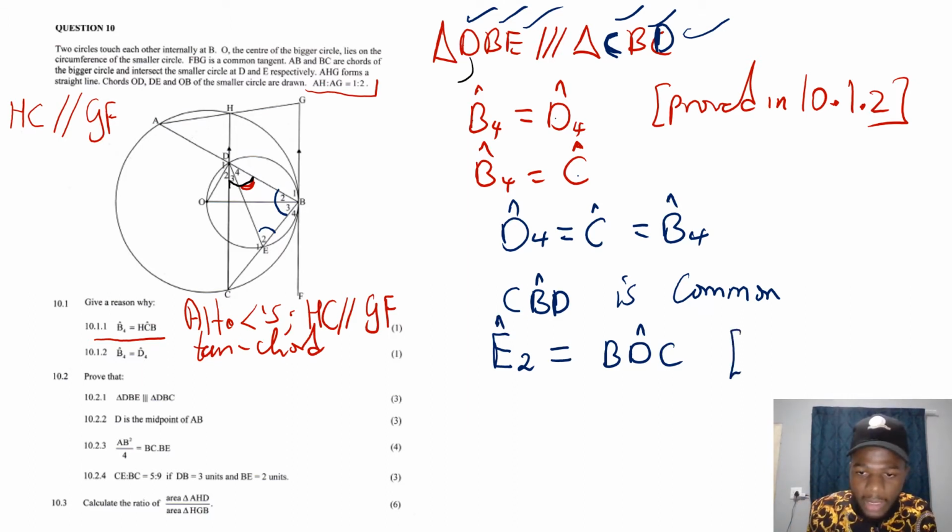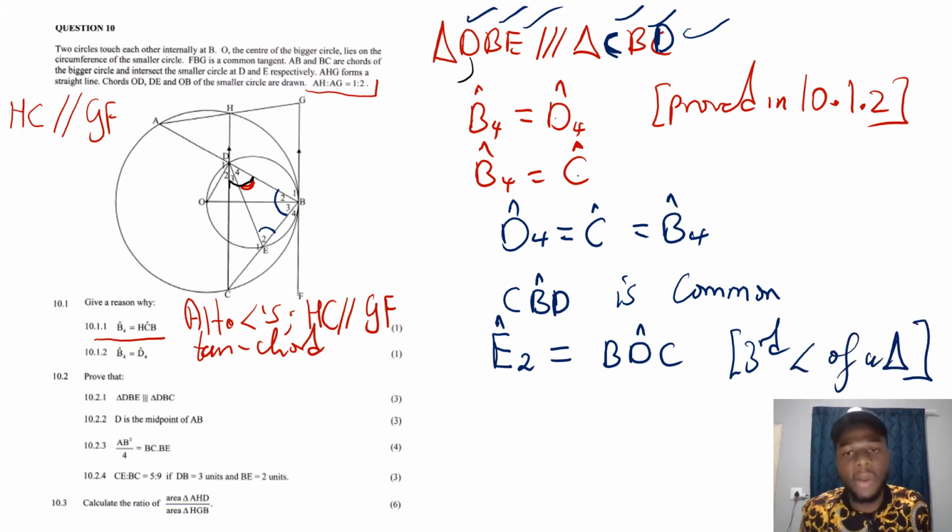So the reason here we can write is third angle of a triangle. You don't always write third angle of a triangle; it's only when you are proving a similarity, and you write it for the last angle you will be proving with. The first two angles must have a reason.